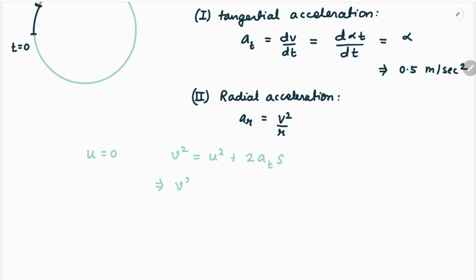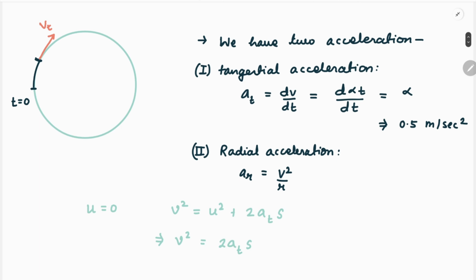So we write v square equals 2 a tangential into displacement, and what is important is to understand that the distance covered, s, is 0.1 part of the circle, which is 0.1 times 2 pi r, and we get 0.2 pi r.